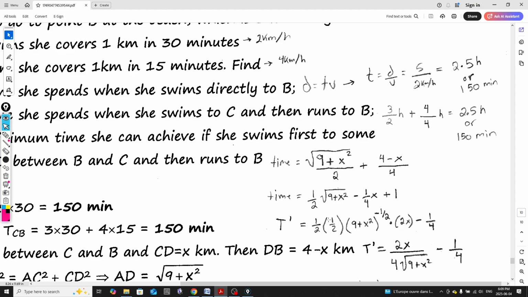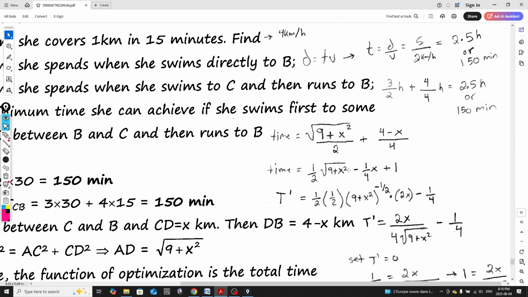So you bring down the power of 1/2, and then you subtract 1 in the exponent, so you get this bit right here. 1/2 minus 1 is negative 1/2. But then remember, you have to apply the chain rule, so you multiply by the derivative of 9 plus x squared, which is 2x. And the derivative of this guy is just negative 1/4.